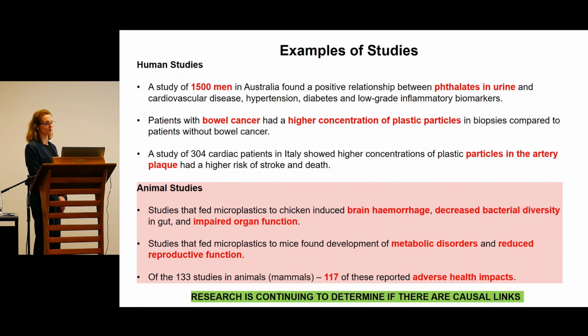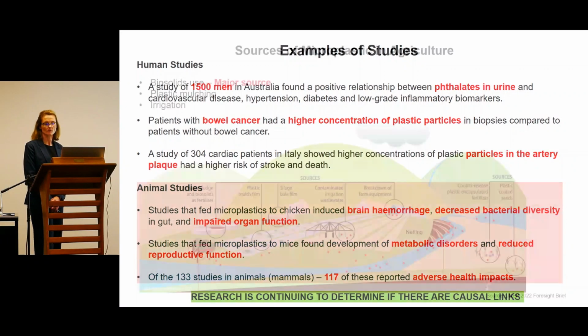So whilst research is continuing and there are no causal links made between microplastics and their additives and human health, there is some studies that are coming out and providing some information, but more needs to be done. I'll now pass over to Anyame, who will talk about microplastics in agriculture.